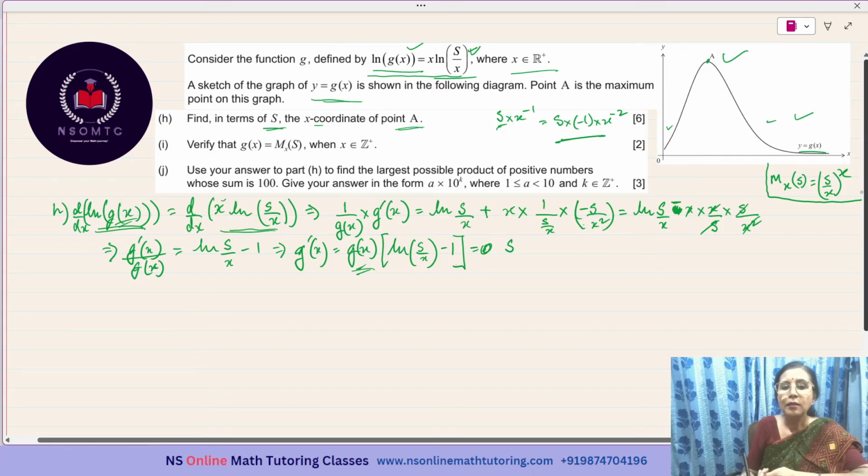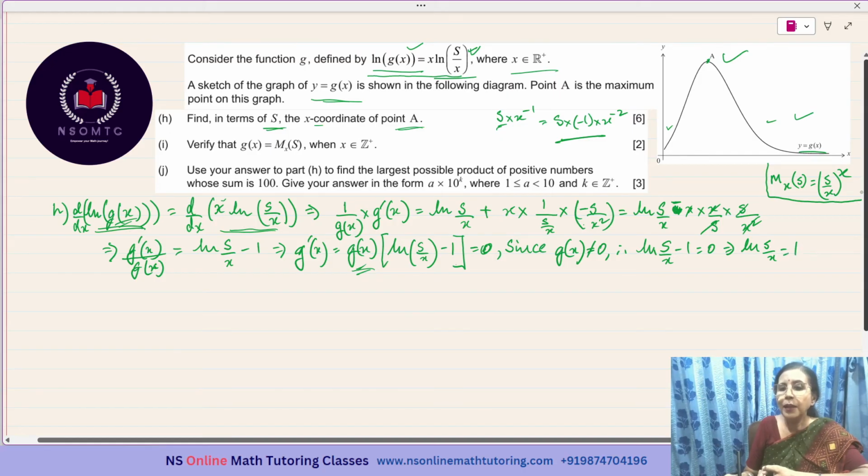Since g of x is not equal to 0, therefore ln of s over x minus 1 is equal to 0, or ln of s over x is equal to 1.